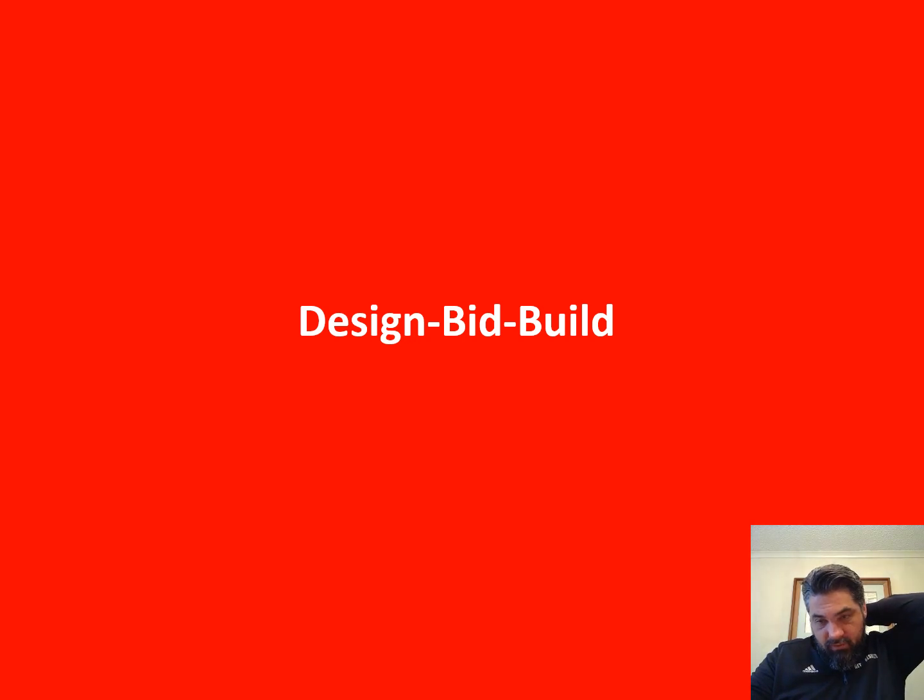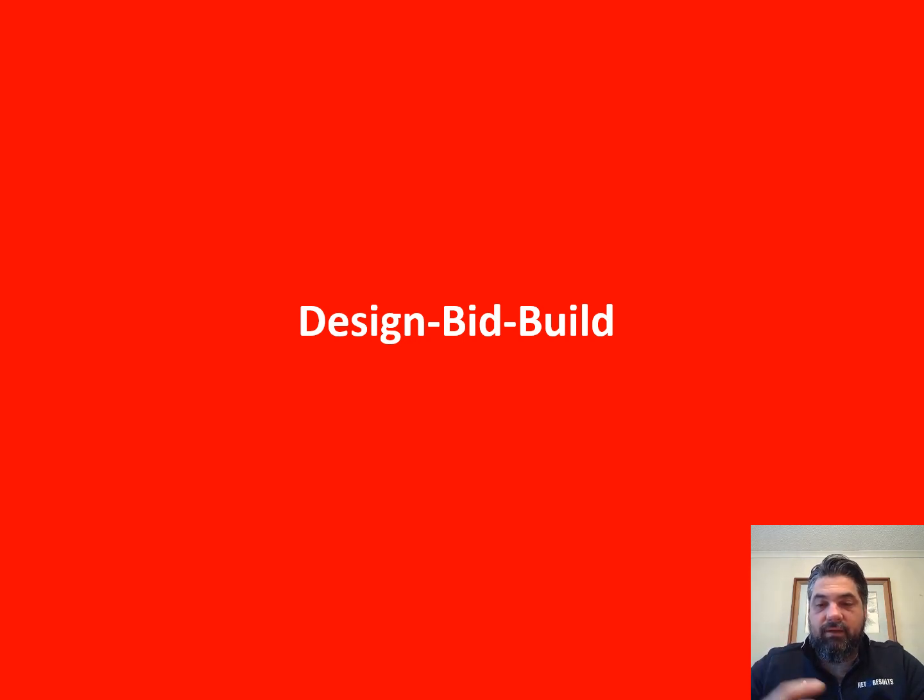So the first delivery method that we want to discuss is design, bid, build. That's what we spent that whole last class, all those lectures, talking about: the traditional design, bid, build scenario. There are two reasons why design, bid, build is particularly popular and the traditional most preferred method.